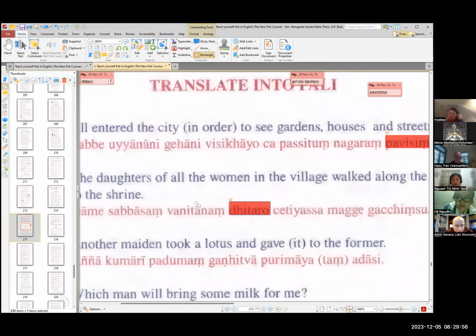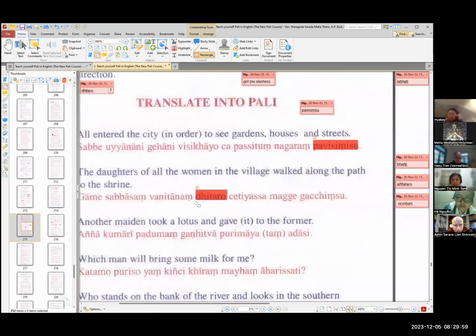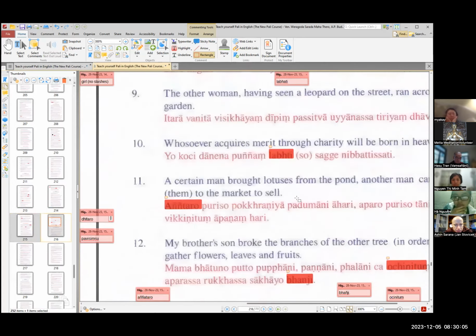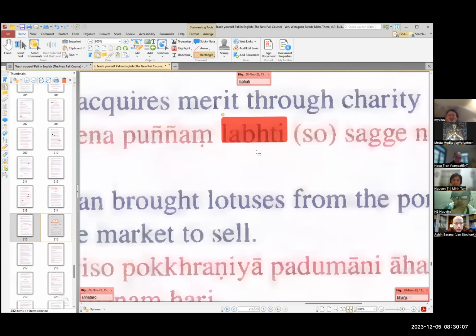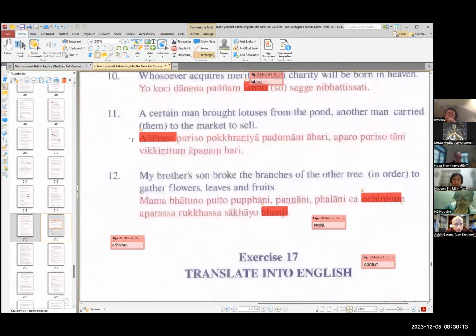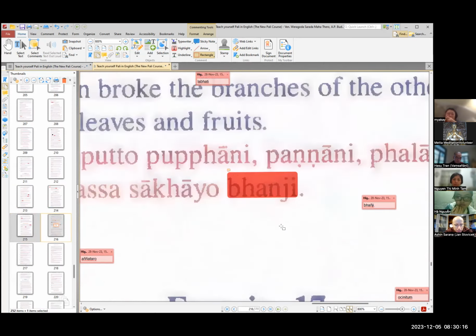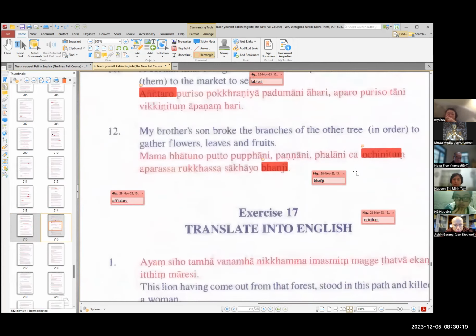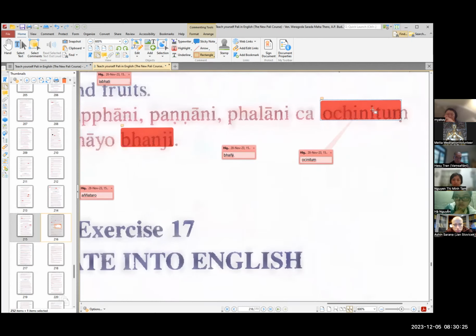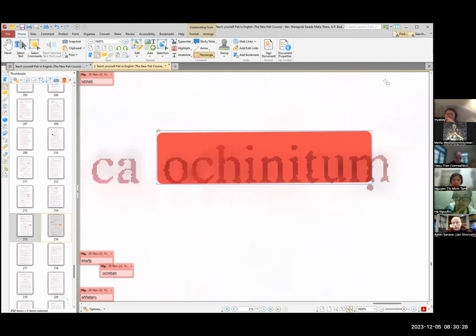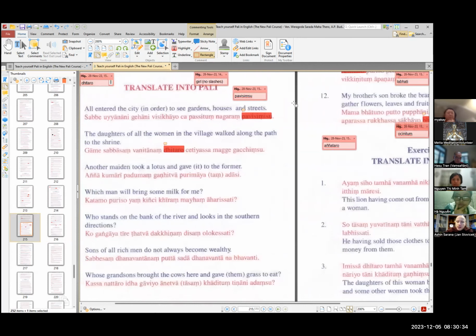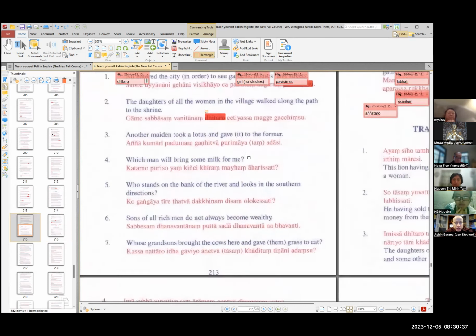Dhitaro, but you have here dhitaro. Then what else? You have here labhati, but it should be labhati. You have here antro, but it should be anyataro. Here you have bhanji, but it should be bhanji. And you have here ochinitum. No, that's wrong. It should be ochinitum without H. So these are very minor things which you probably yourself will easily realize that are just spelling mistakes, just typing mistakes probably.